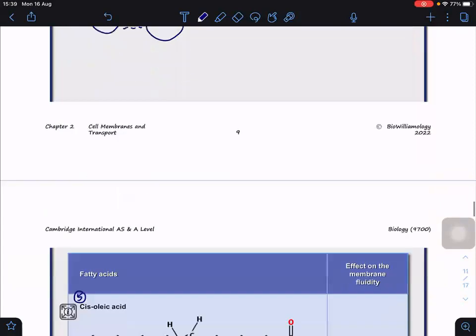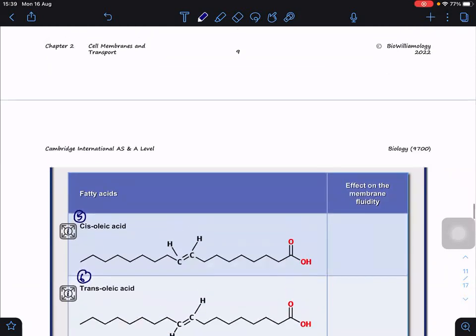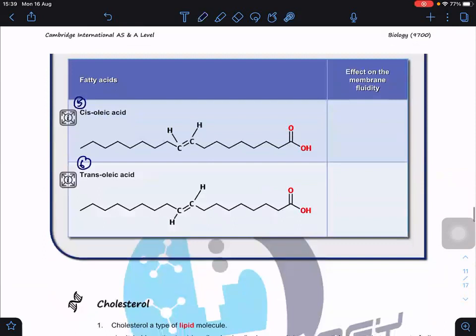Okay, and then let us look at this cis and trans. Now, what happens in cis and trans? If I draw out the structure, let you guys have a look. When you talk about cis, it basically means that you can see the small molecules are on one side, they didn't cross. But for trans, can you see that? The molecules are actually opposite. Can you see that in the opposite?